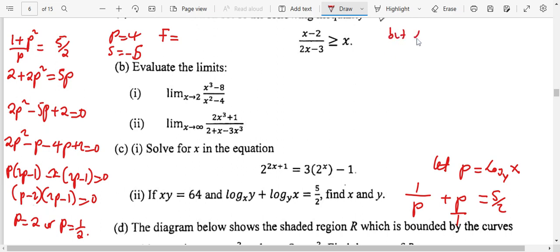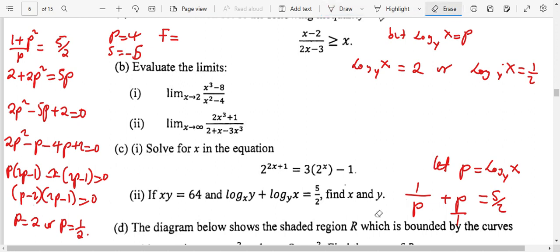Remember, log in base y of x is equal to p, meaning that log of x in base y is going to be equal to 2, or log in base y of x is going to be 1 over 2. We are going to express this as an exponential function since it's a log.